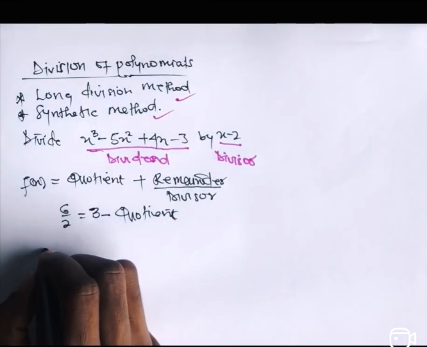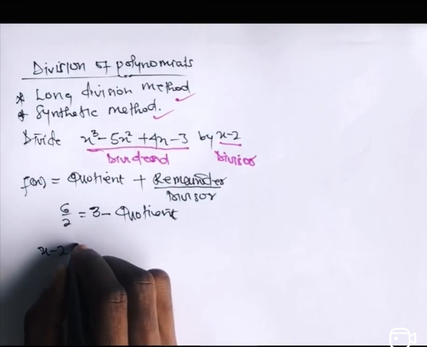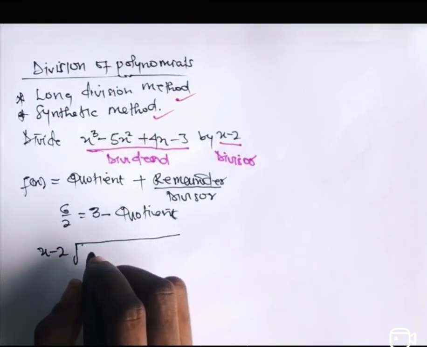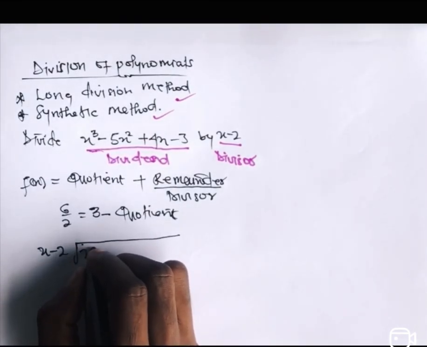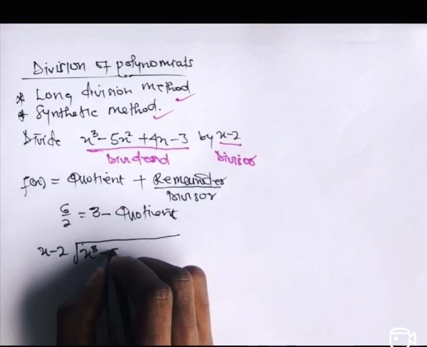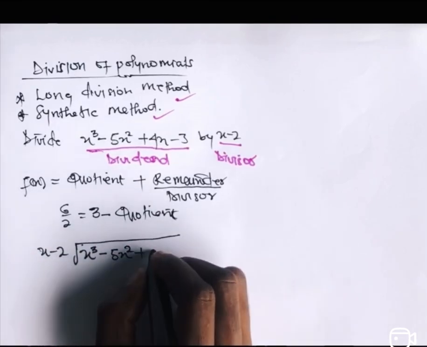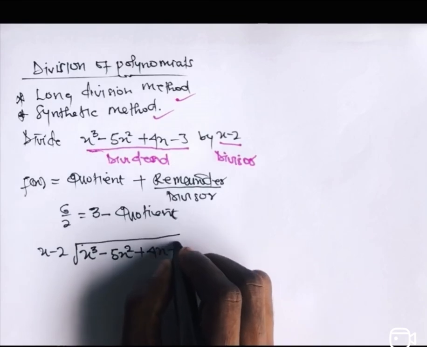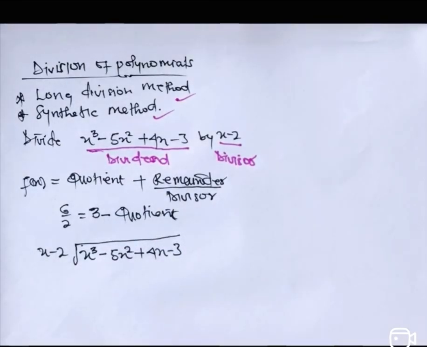Always the divisor will come out as we have been doing with the normal integers. Then our x cubed minus 5x squared plus 4x minus 3 will be inside. Okay, so the first thing, you pick the coefficient of the x cubed, which is 1. Then you write it up here.